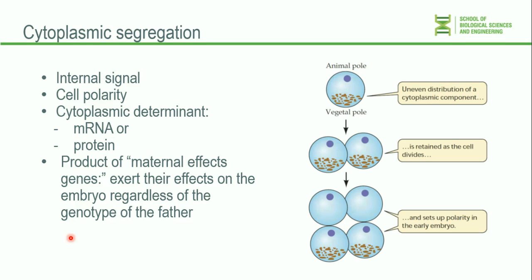Okay, so let's turn now to these different signals. First, let's look at an internal signal in what we call cytoplasmic segregation. At this point, what we need to realize, and this is very important, is that the inside of a cell is not homogeneous.